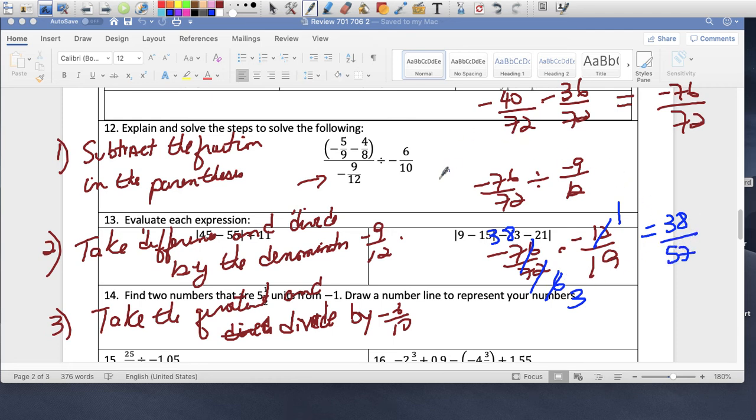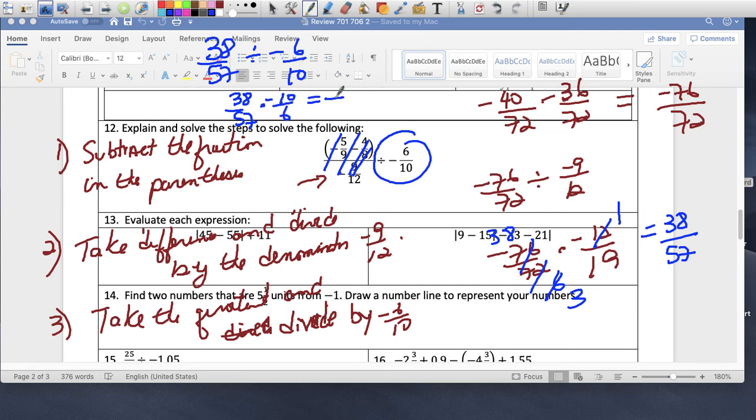Not done yet, because now I have to do this part here. I got 38 over 57, and I'm going to divide that by negative 6 over 10. Keep, change: division to multiplication, and then the reciprocal of that.